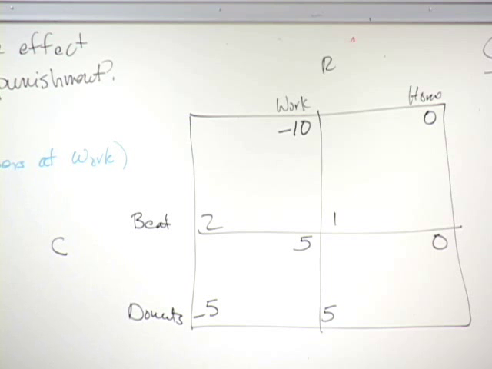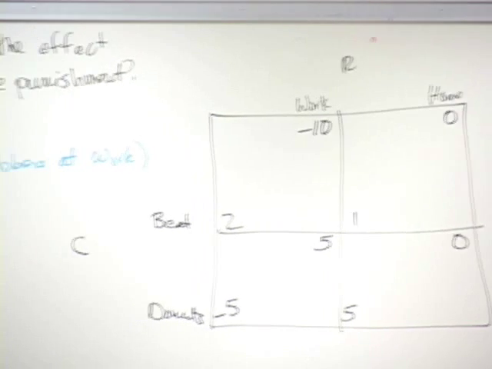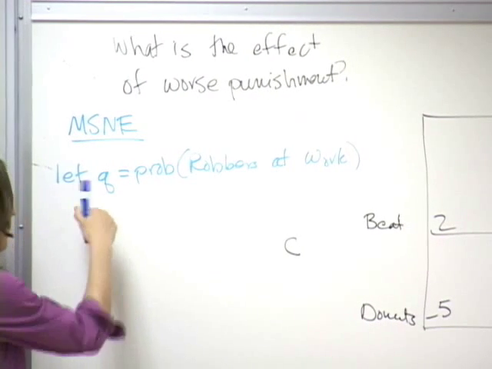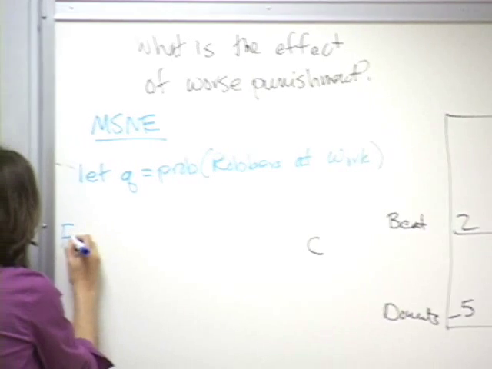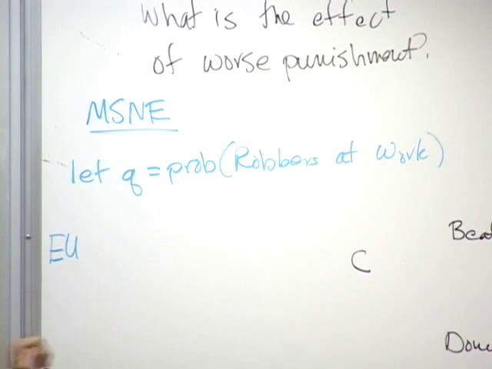Okay, so doing this the way I did it before. To find the robbers' equilibrium probability, I look at the expected utility of the cops.